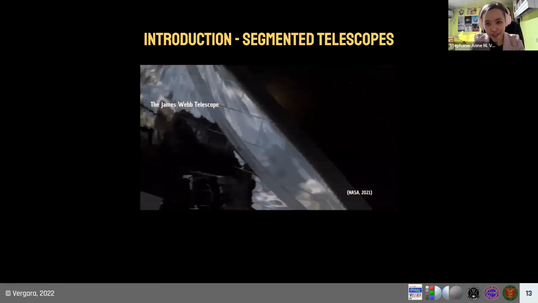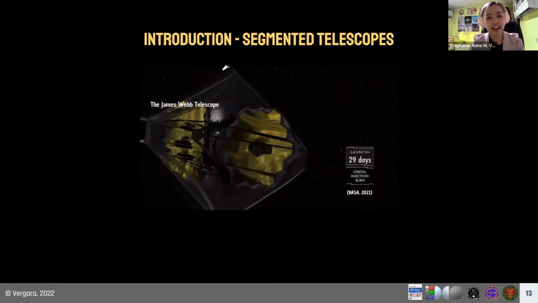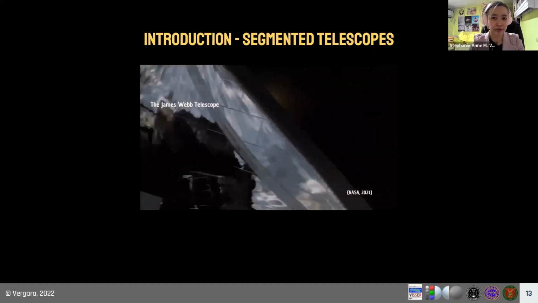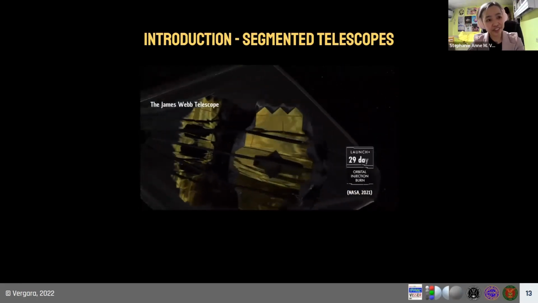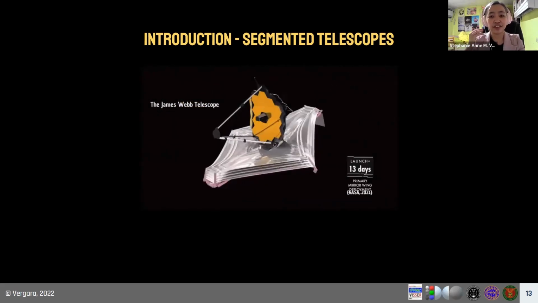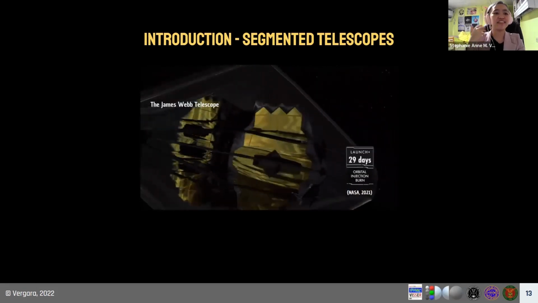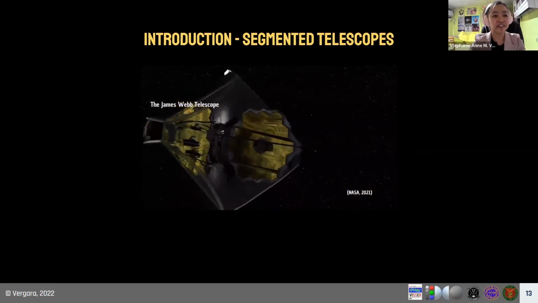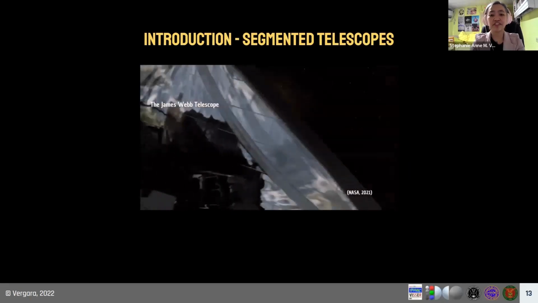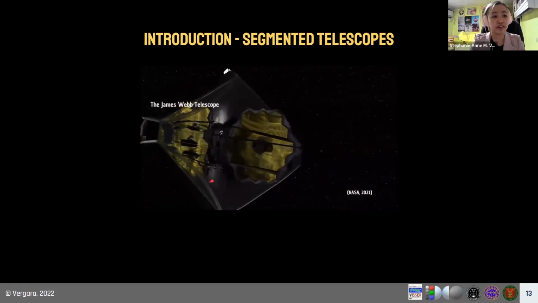So segmented mirror telescopes paved the way for extremely large telescopes and are the basis for the construction of next generation telescopes, such as the recently launched James Webb Telescope, which has just successfully unfolded its segmented mirror setup in space. So that being said, the results of this study can help us in developing a segmented mirror system of our own.